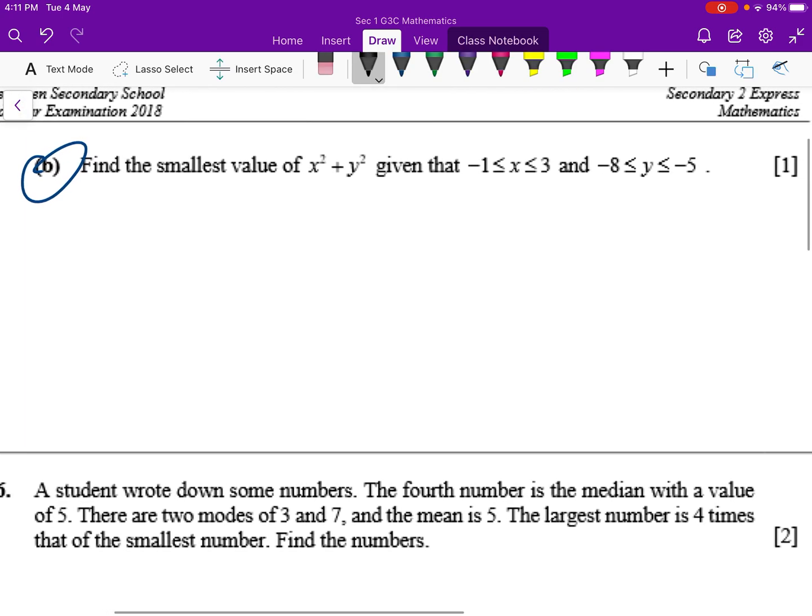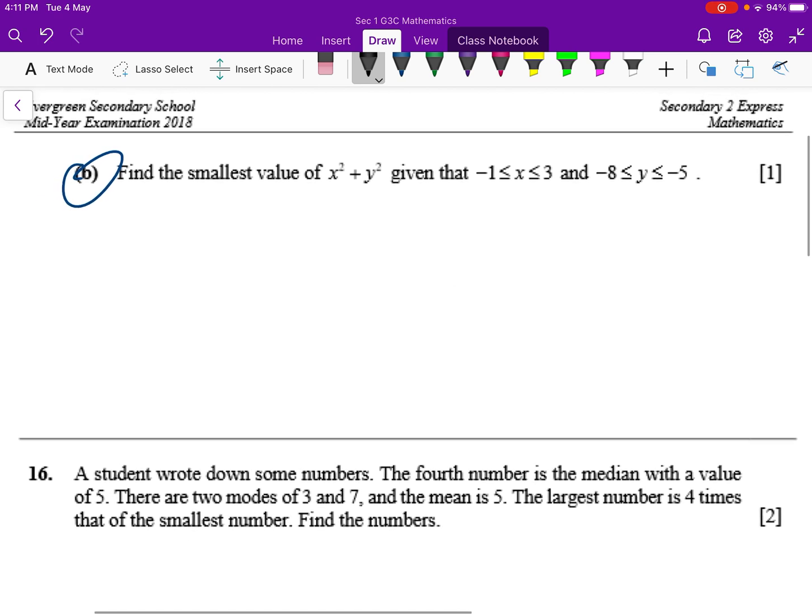So now find the smallest value of x squared plus y squared. Take note, these are perfect squares. So x squared, just a quick recap, x squared is x times x.